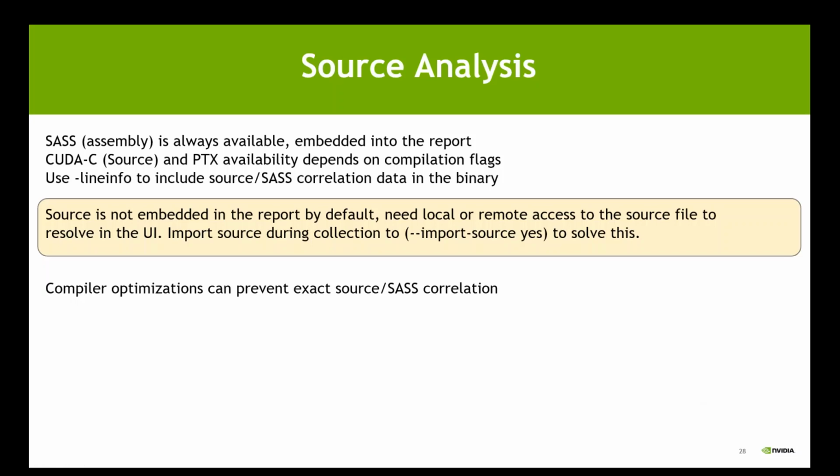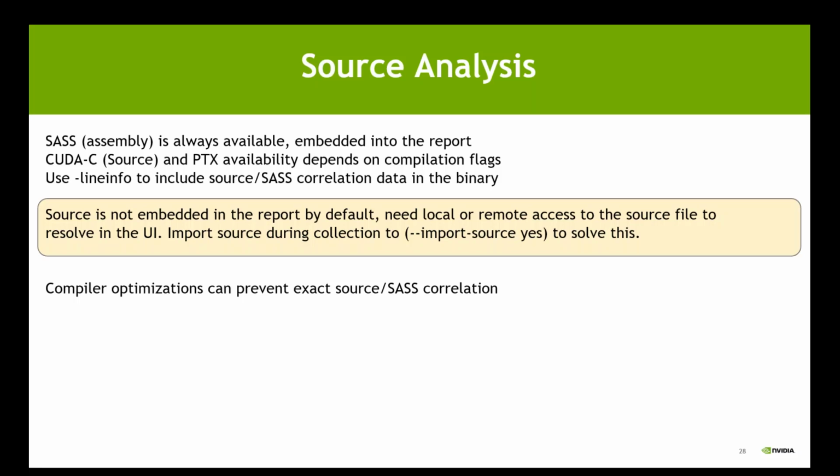About the source analysis that we've already seen. So the SAS assembly is always available in the report because it's embedded as part of the cubin. And the CUDA-C, CUDA Fortran, or PTX availability depends on your compilation flags.